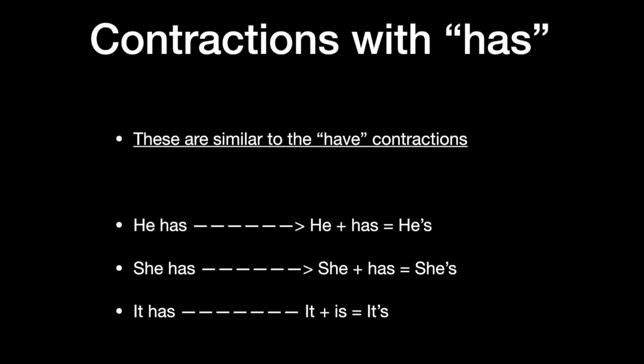So I'll just say an example here. I could say, he has a great smile. Or you could say, he's a great smile. Now, the second sentence might sound very weird.